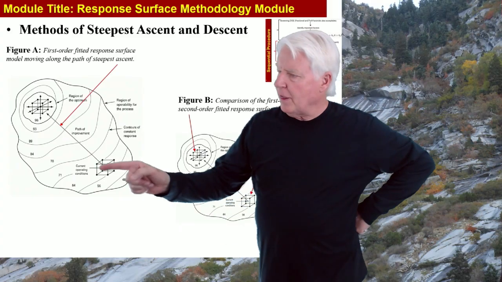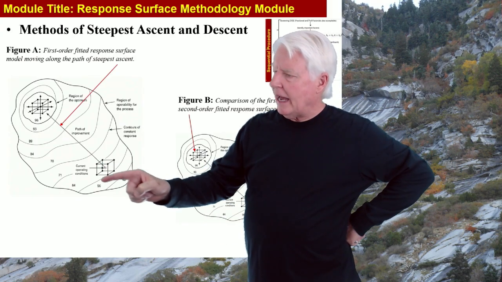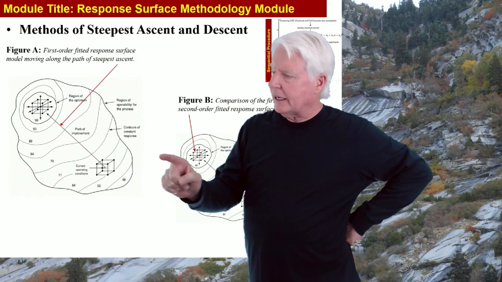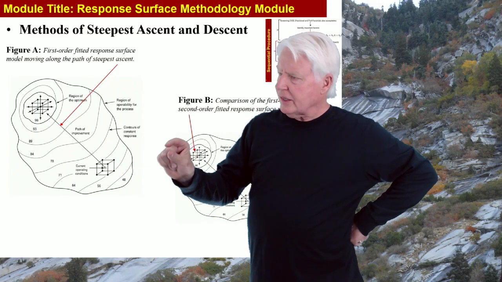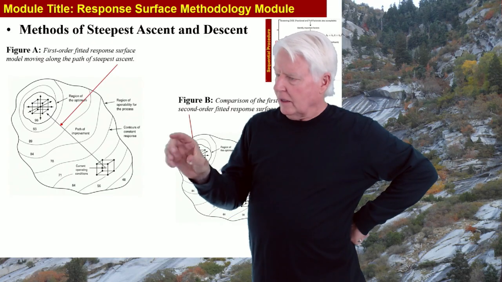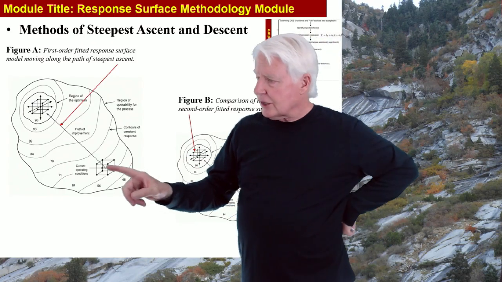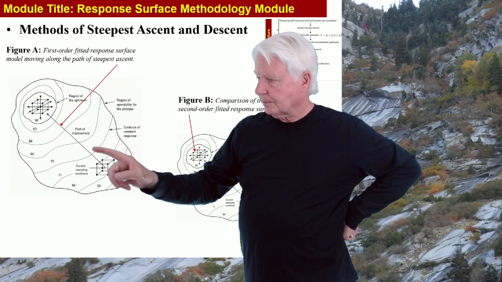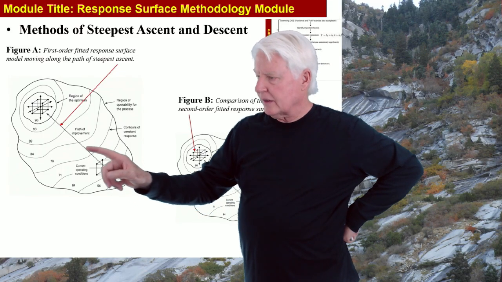Okay. Once you get this done, you find the mathematical equation that's a byproduct of this experiment. You look at the bigger coefficients, or usually you take all the coefficients that are statistically significant and start increasing them in such a way that the response variable increases.